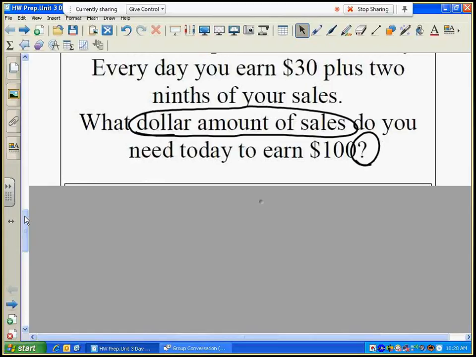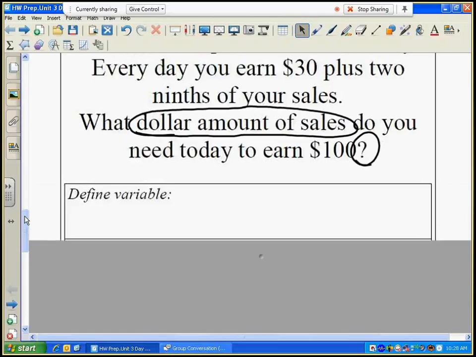So as I go down to copy this down, it's almost like a cut and paste function that you would have on Microsoft Word. What letter should I use here? There's many letters that'll work. Sometimes I just feel comfortable with X and just say that X is the dollar amount of sales.